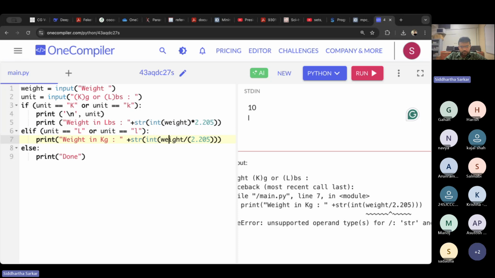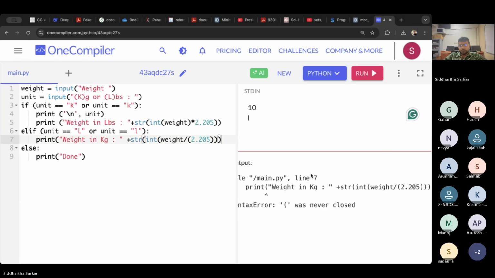So now we have 3 left brackets, 3 right brackets. Again, there's an issue. Never closed. We have some mismatch in parentheses. Okay, 1 bracket, 2 bracket, 3 bracket, 4 bracket.